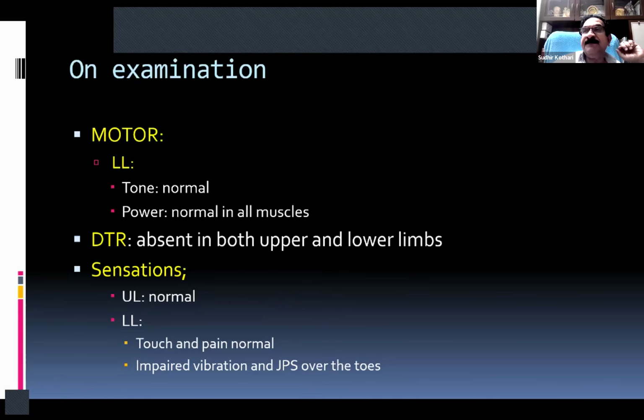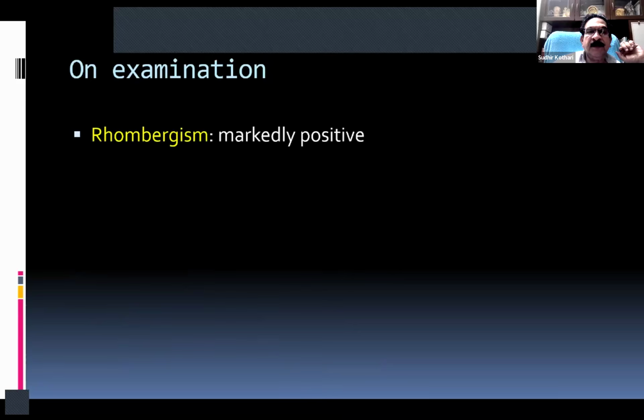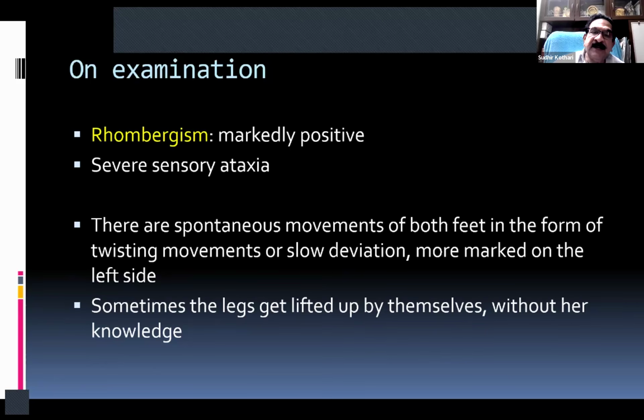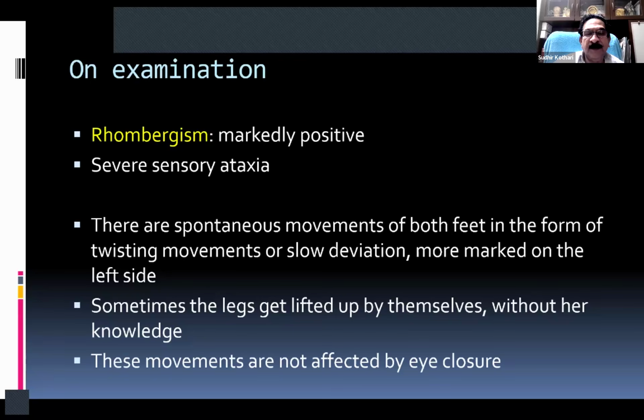Impaired vibration and JPS over the toes. Romberg markedly positive, severe sensory ataxia. There are spontaneous movements of both feet in the form of twisting movements and slow deviation, more marked on the left side. Sometimes the legs get lifted up by themselves without her knowledge. These movements are not affected by eye closure.